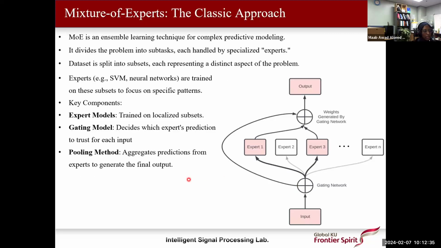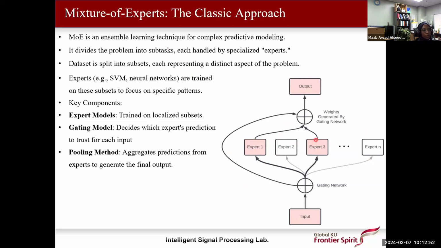So next, let us go through the method of the mixture of experts. In this method, we can see it as having different sub-networks or networks.